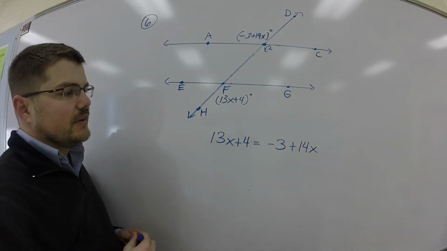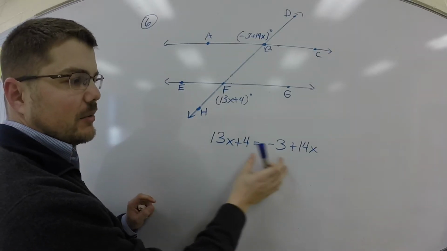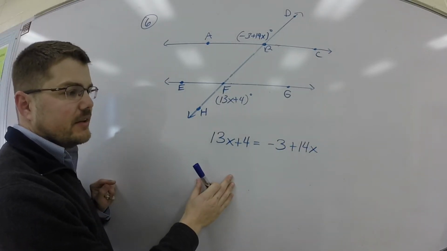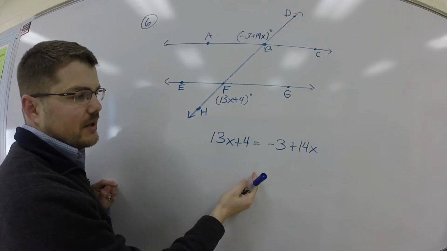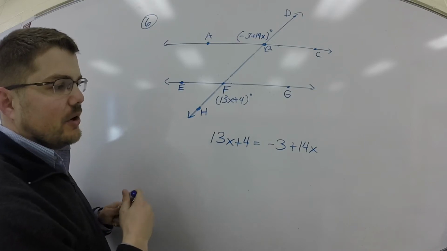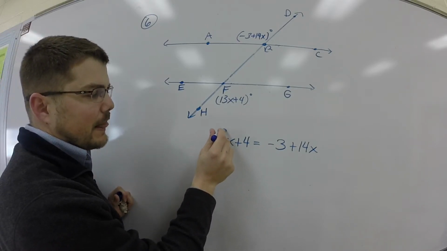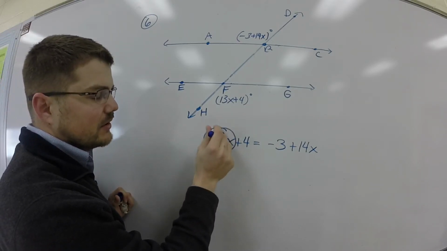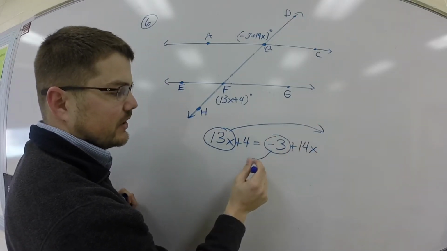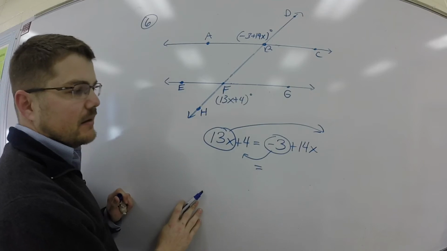Now let's solve the equation. You have x variables on opposite ends of the equal sign, so let's get our x variables together. I always recommend moving the smaller x value over. That way you always end up with a positive x value. This is the smaller one, so let's move it over here, and let's get our constants together.